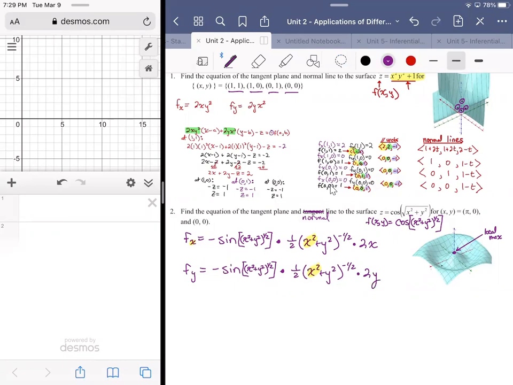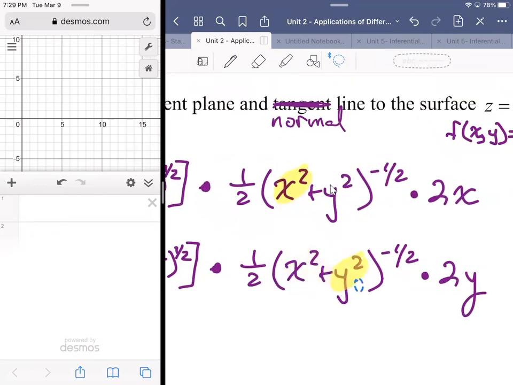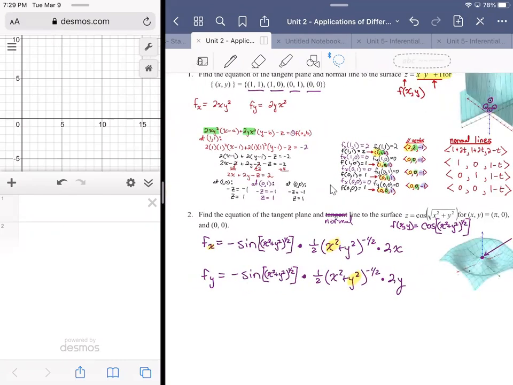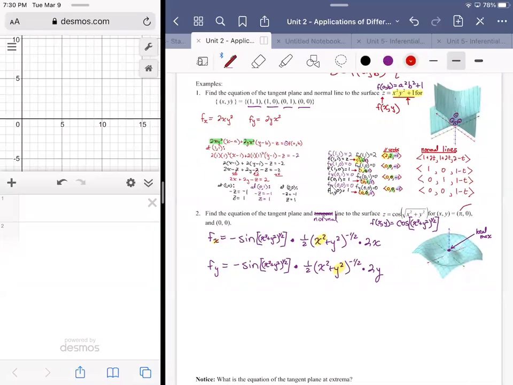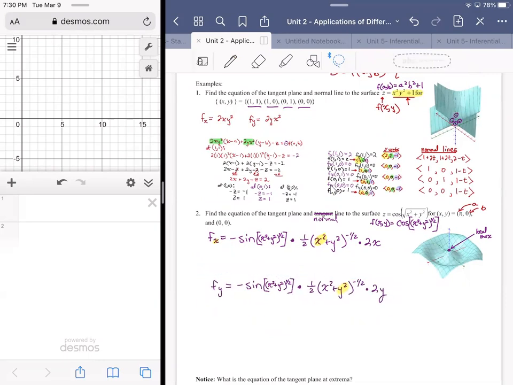All right, so I suppose I could change my highlighting here. Now, when it comes to evaluating, remember we have our A's and B's here. So overuse letters. Here's the A, here's the B. If I'm evaluating this for pi comma 0, so f sub x pi comma 0, I can tackle the trig part of it first.